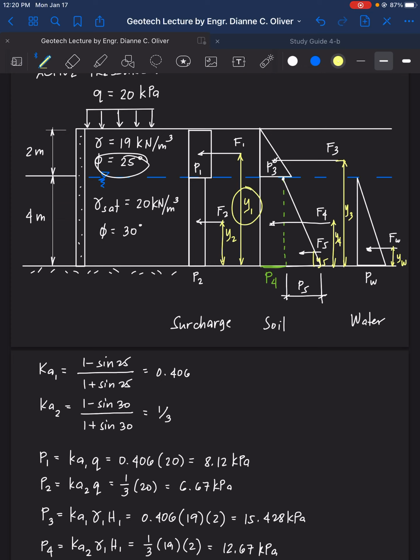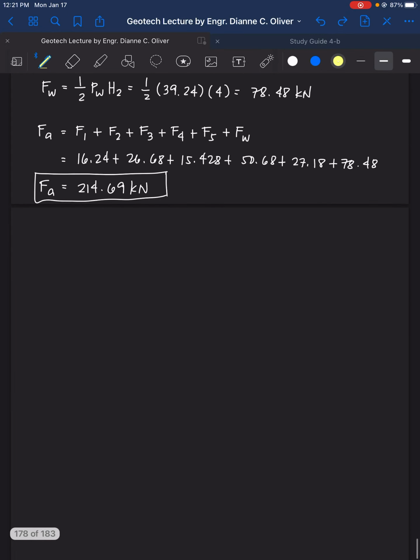For y1, that is 4 plus half of 2. For y2, we have 4 plus 4 divided by 2. For y3, we have 4 plus 1/3 of 2. For y4, we have 4 divided by 2. And then we have y5 as 1/3 of 4. Same with y water.